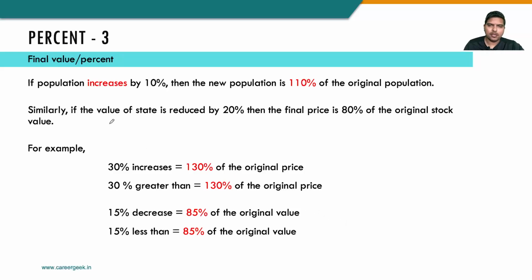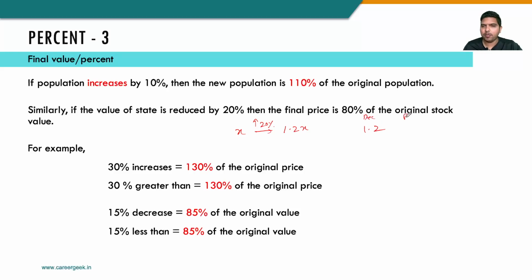Okay, this is a bit on the higher level side. If population increases by 10%, then the new population is 110% of the original population. For example, what we have seen, if x is increased by 20%, the final value becomes 1.2x. Now what is 1.2? This is a decimal.